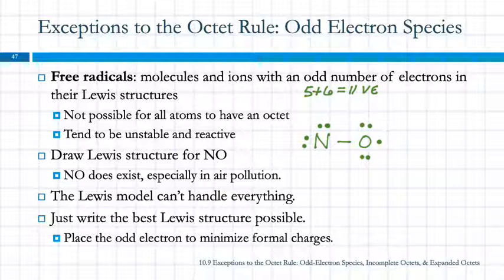So how about if we share one of the pairs from oxygen with nitrogen. And now nitrogen's got 2, 4, 6, 8. Right? This has an octet. Oxygen has 2, 4, 6, 7.